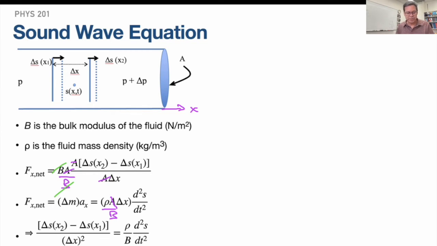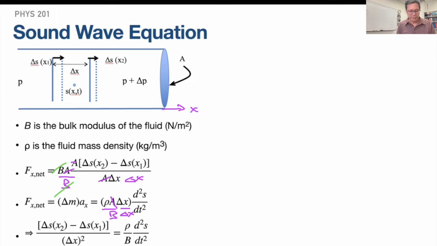And so what do I have? If I look at the bottom right here, I have rho over b, two derivatives of s with respect to t, d t squared. And on the other side, the F net side, I had the change in the position, delta s at x2 minus delta s at x1 per delta x. But there was this extra delta x I left off, so we're going to go ahead and divide that in both cases, there and there.